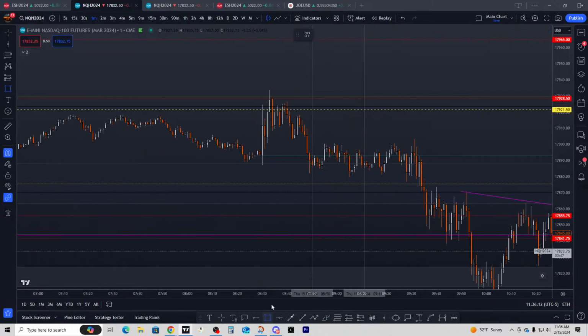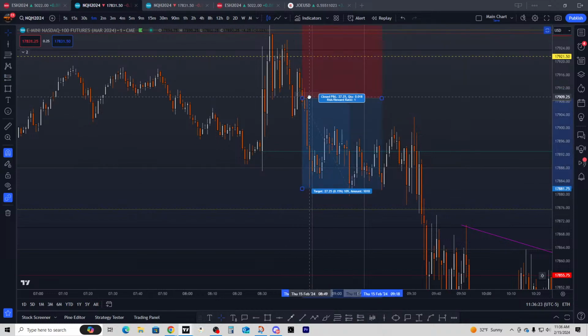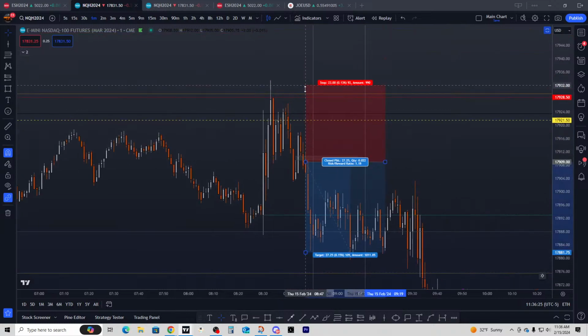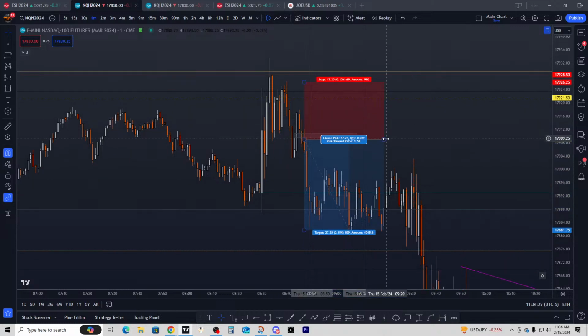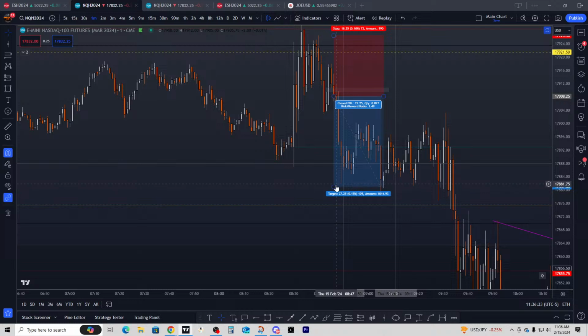If I was on the charts, I would have taken this trade, but I wasn't on the charts this early. Like I was saying, I usually trade 9:45 to like 11:15, 11:30. But I would have had my stop loss up above here. But 100%, I would have taken this if I was on the charts and focused.